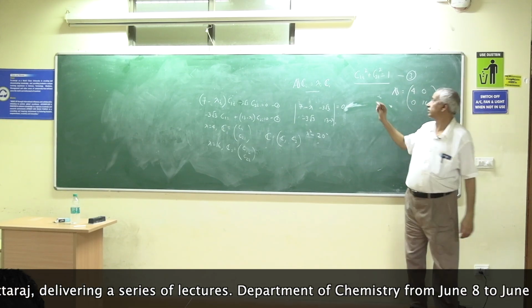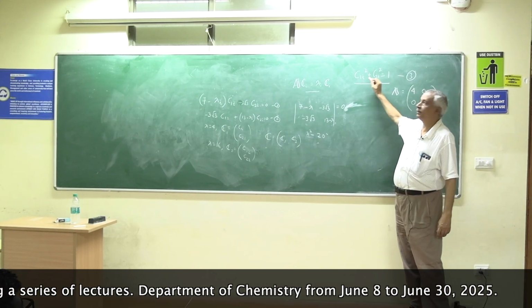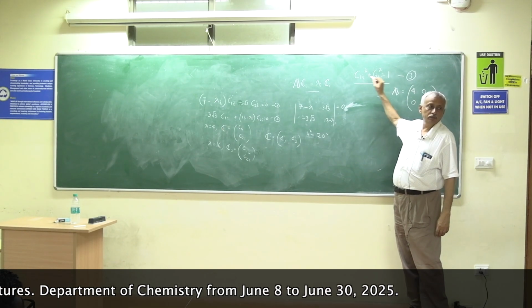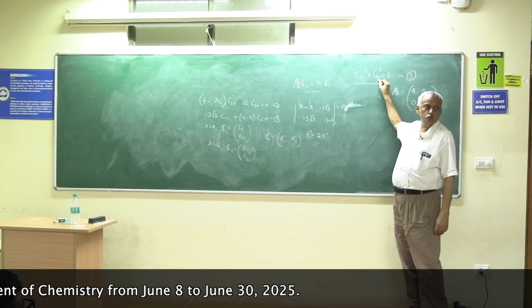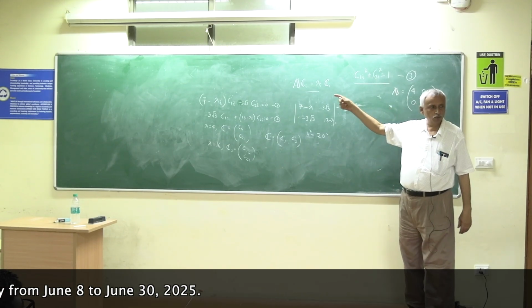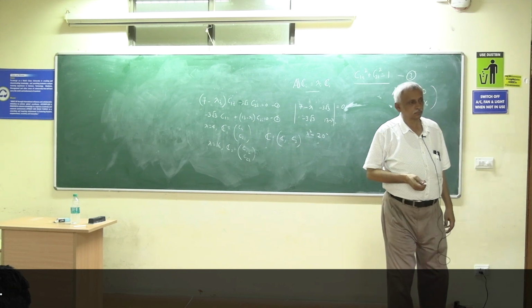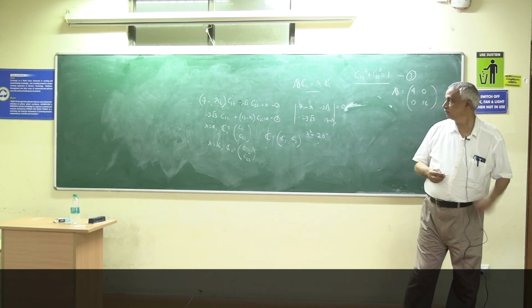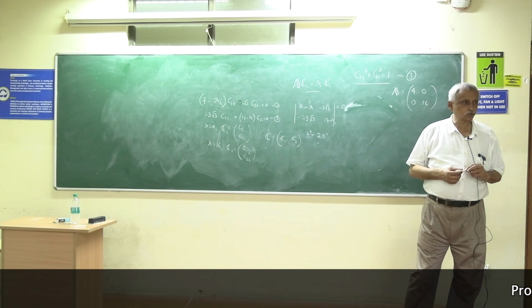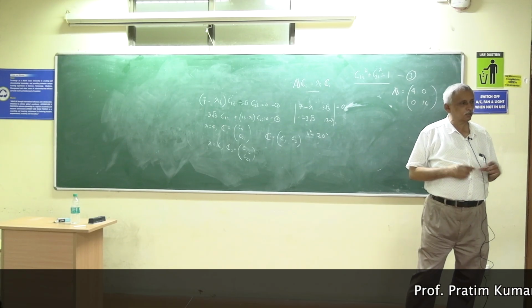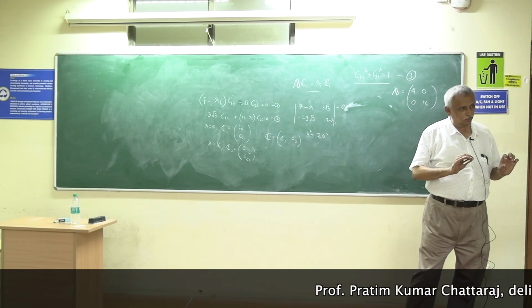So this means what? C11 square plus C21 square equal to 1, and C12 square plus C22 square equal to 1. So for one case you do this, and for another case you do that. So shall I have to tell also that 7 minus 4 equal to 3? So that you would be able to do. So do it.